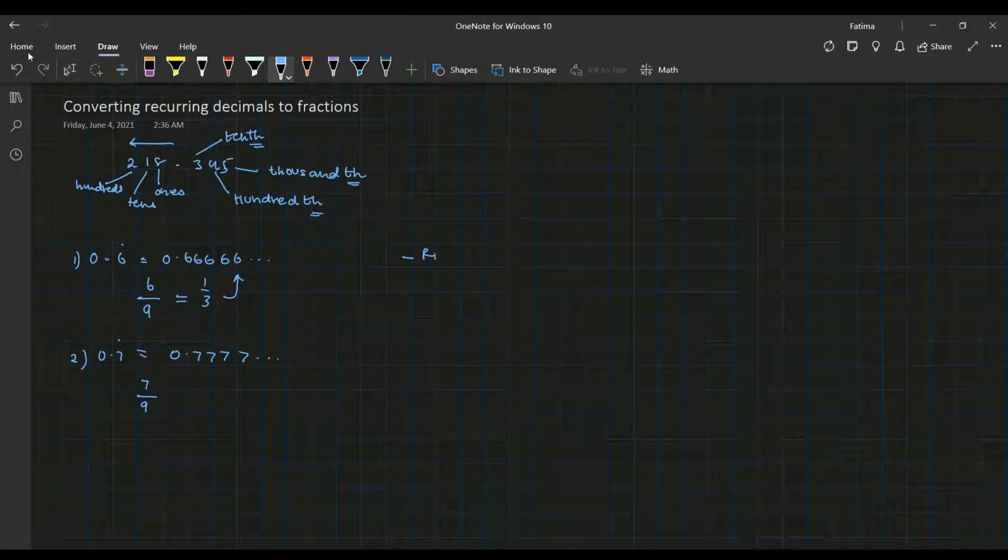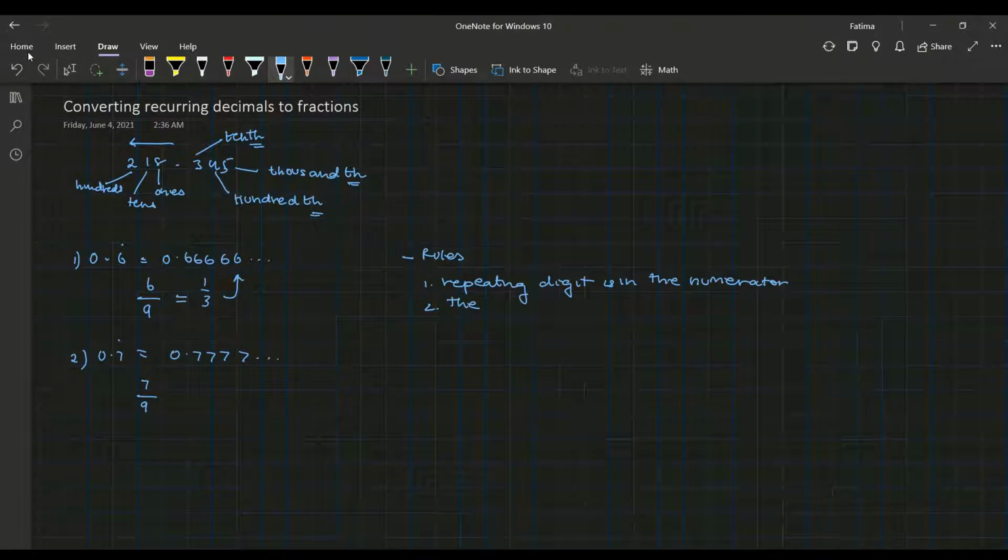So from these two examples we can deduce basic rules. The first basic rule is that the repeating digit is in the numerator. The next one is that the denominator always contains 9s.